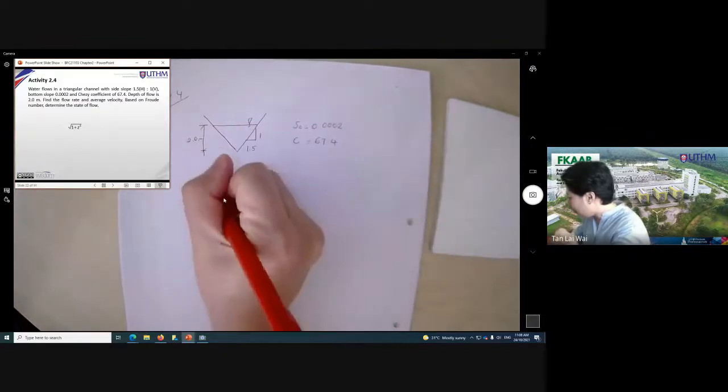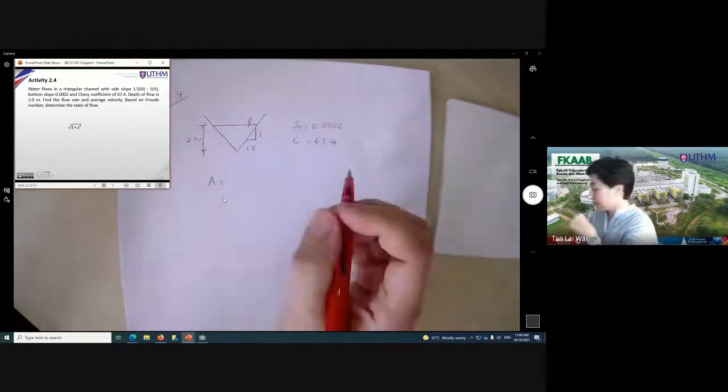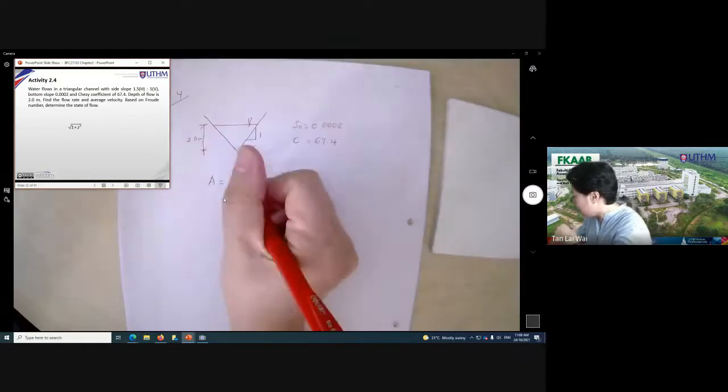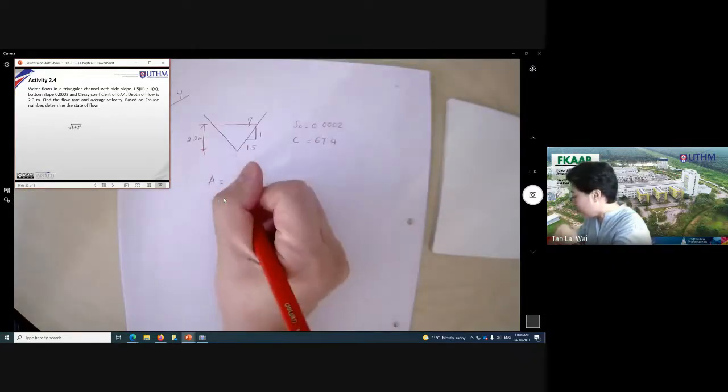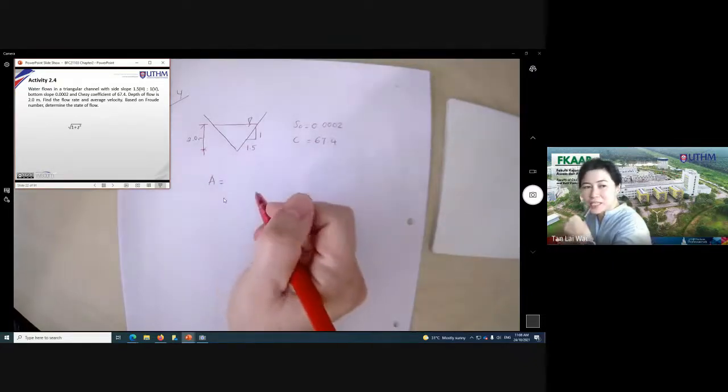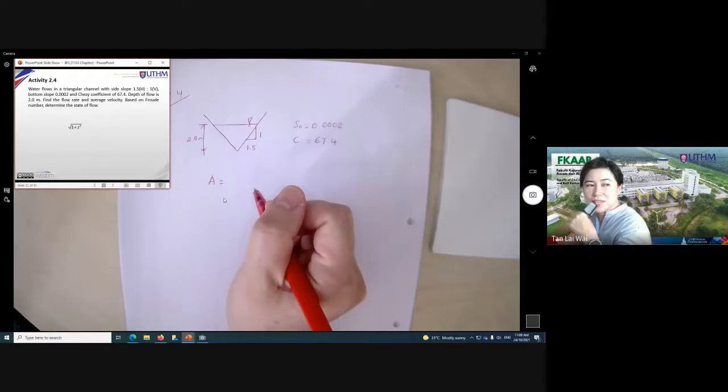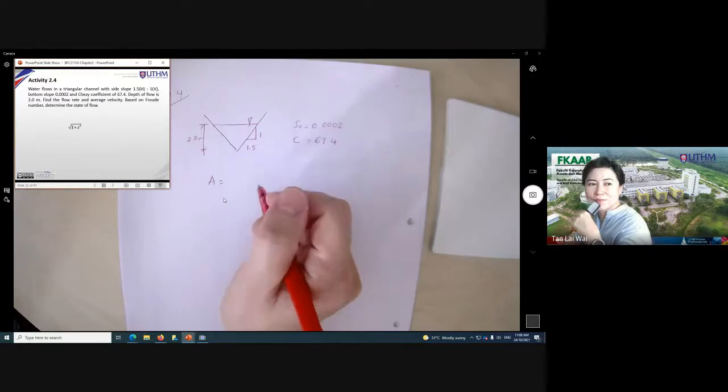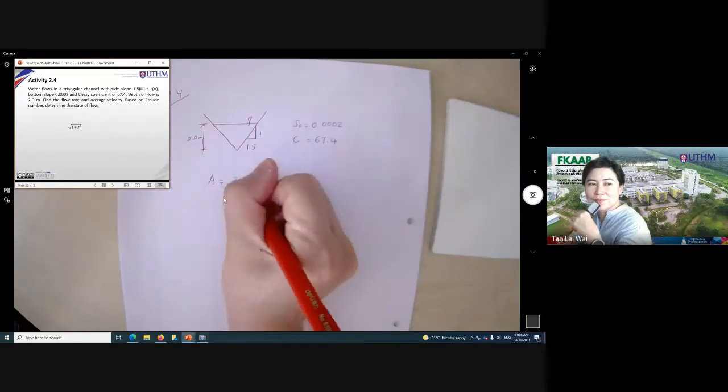Now, let's try this out. Liana, could you give me the area of flow, the formula, please? Z Y squared. Okay, thank you.